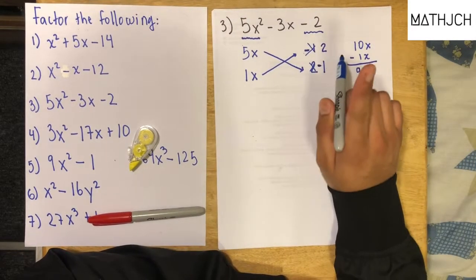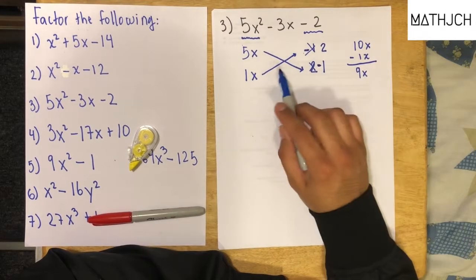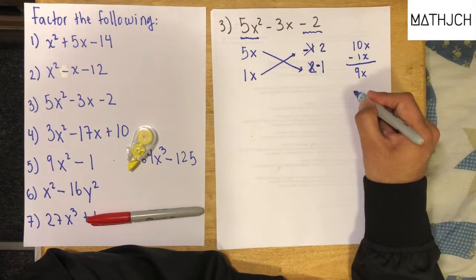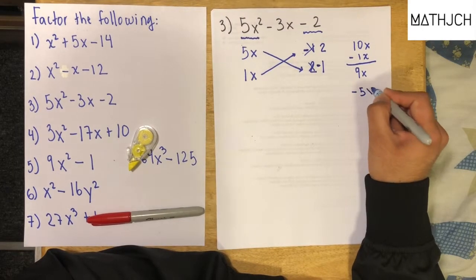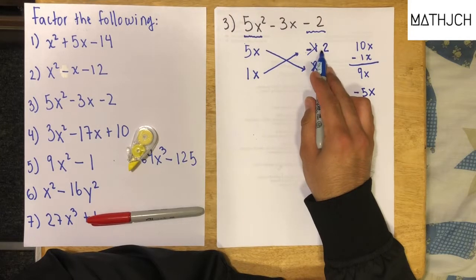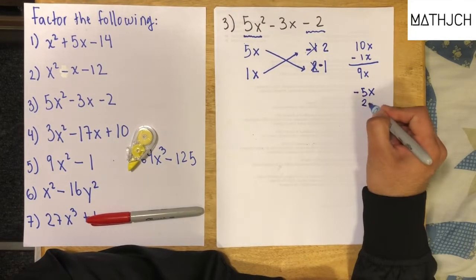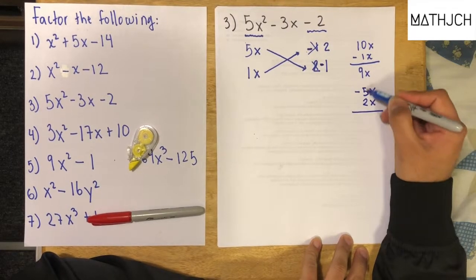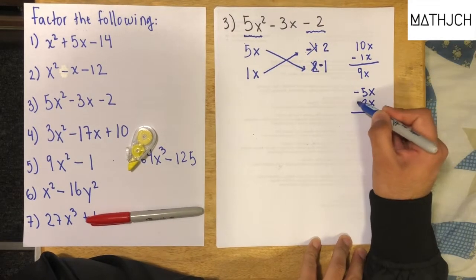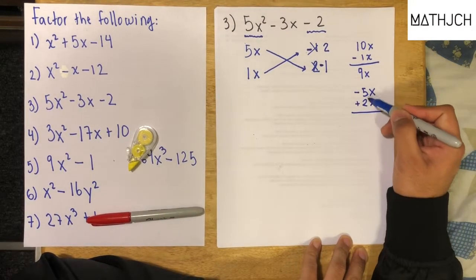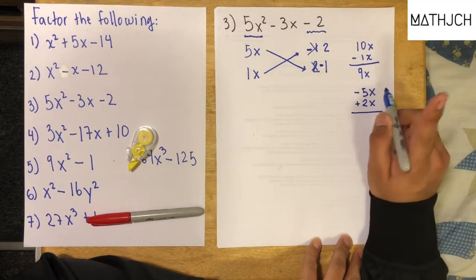Now let's do the same cross multiplication. So I'm going to have 5x times negative 1. That gives me minus 5x. And 1x times positive 2 gives me 2x. Now notice, if I combine these two, this 2x is positive, okay? So I'm going to have negative 5x plus 2x.